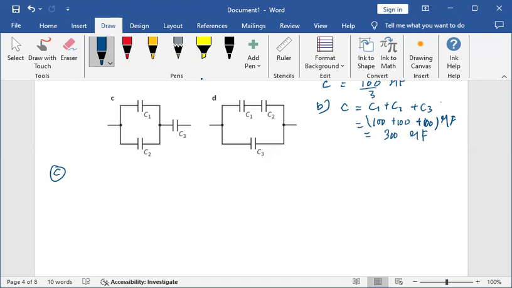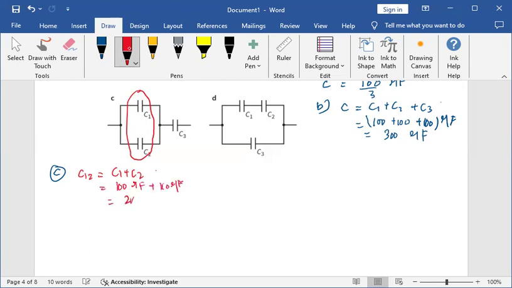So we will find the parallel first. We calculate C1 and C2, because it's parallel: C12 equals C1 plus C2, each 100 microfarad plus 100 microfarad.